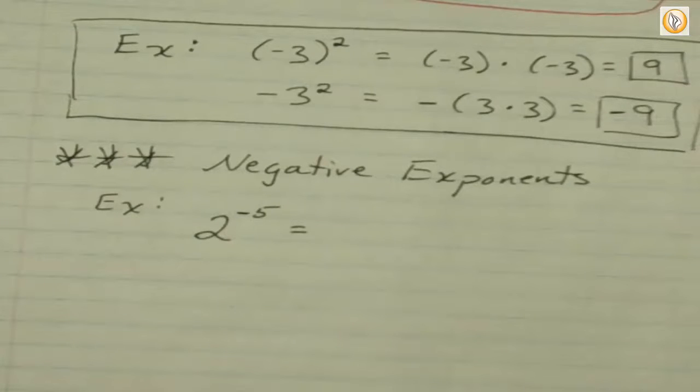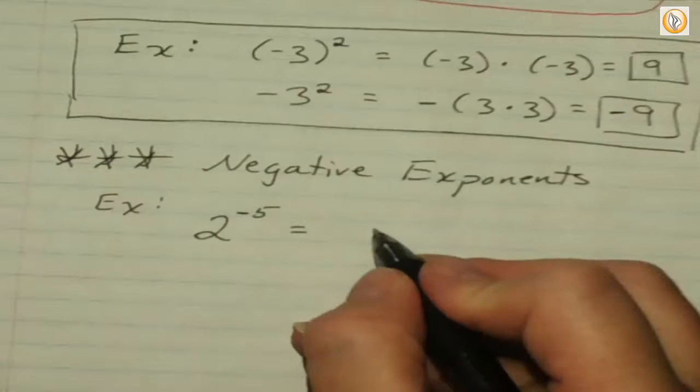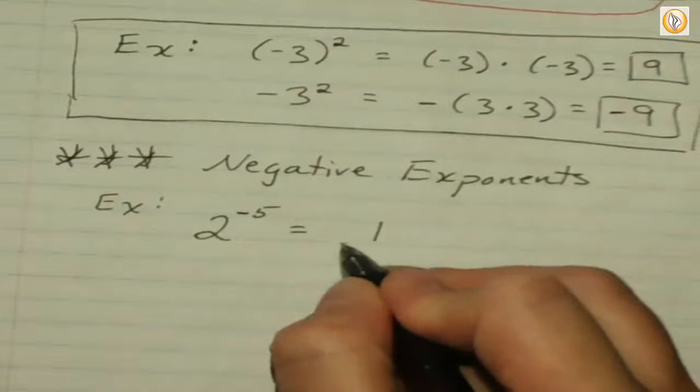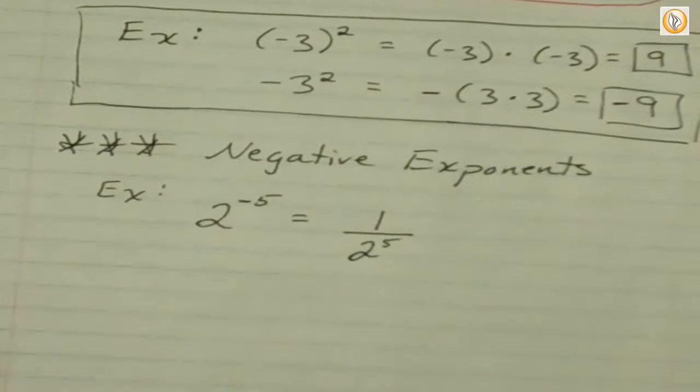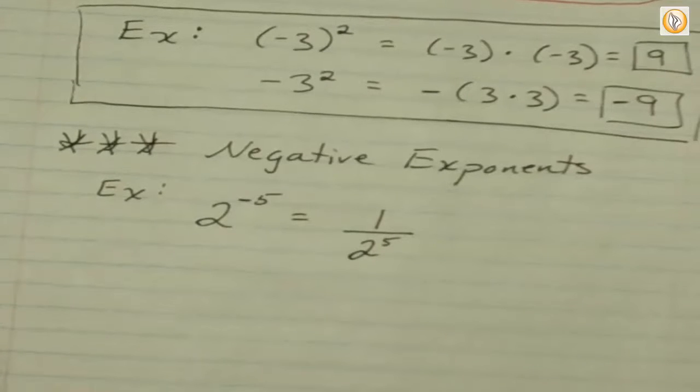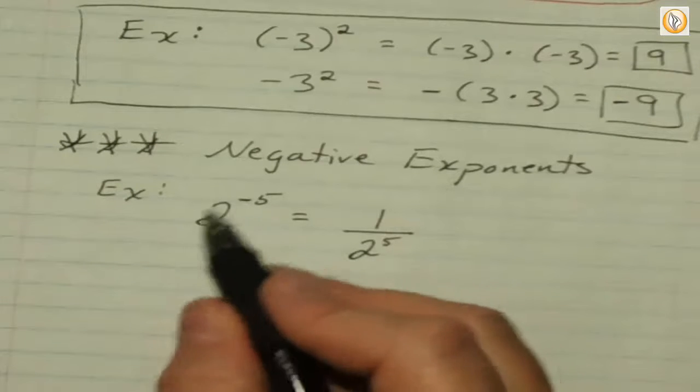I don't like it either, so we're going to get rid of it. Do you know how to get rid of it? You just take it away. You put it on the bottom, in a denominator, like a fraction, under 1. This is a whole number, right?